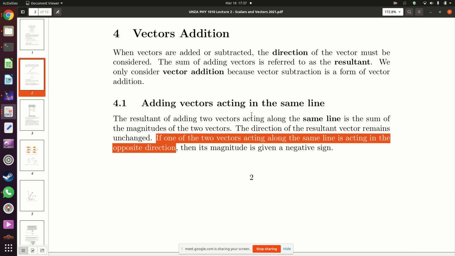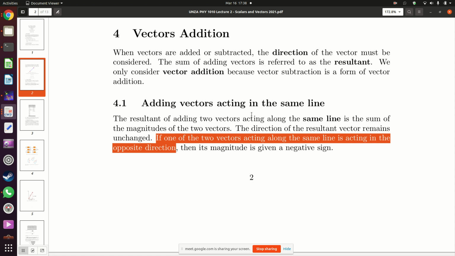Yes, sir. This is very important because we are going to use this a lot. Because after this, the trick we are going to do is we will try to make our vectors point in the same line or in the same directions. We are going to choose directions in which we make these vectors point. Specifically, along the x direction and along the y direction.